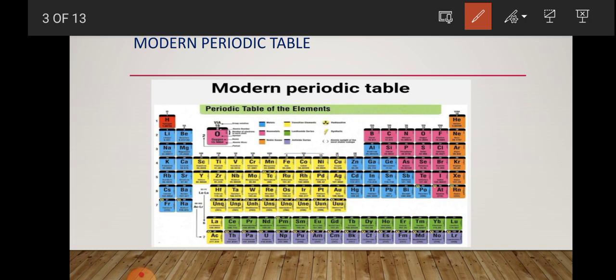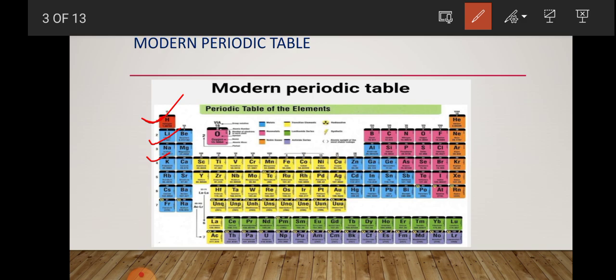Here this is group 1 and this is period 1, and this first period contains only two elements. That's why it is called a very short period. And this is period 2 and this is period 3.